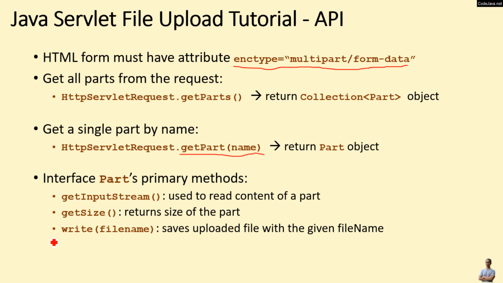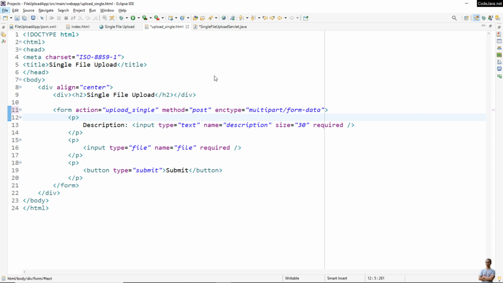So we use the write method of the Part interface, which is returned from the getPart method to save the uploaded file onto a directory of the server. Okay, makes sense. And we update the code here.